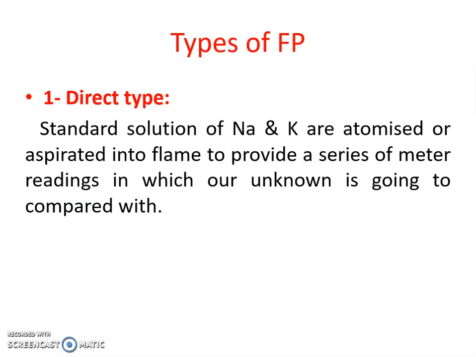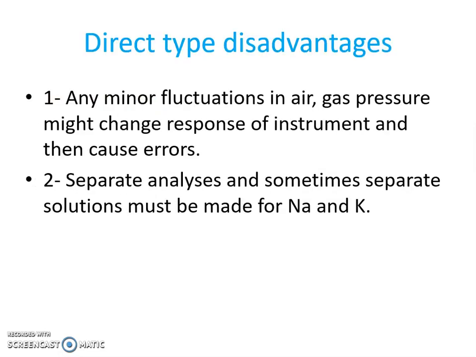Now types of flame photometer. Direct type: a standard solution of sodium and potassium is atomized or aspirated into the flame to provide a series of meter readings with which our unknown is going to be compared. Next, direct type disadvantage: any minor fluctuation in air or gas pressure might change the response of the instrument and then cause errors.